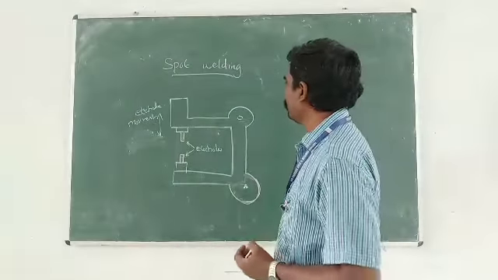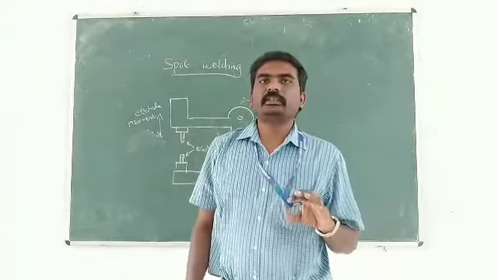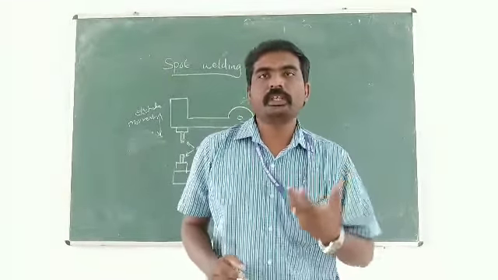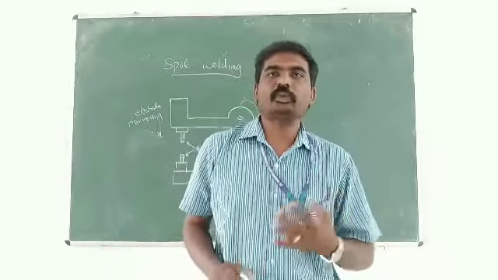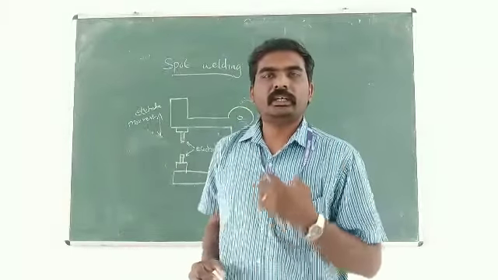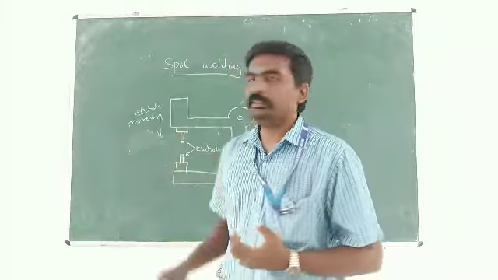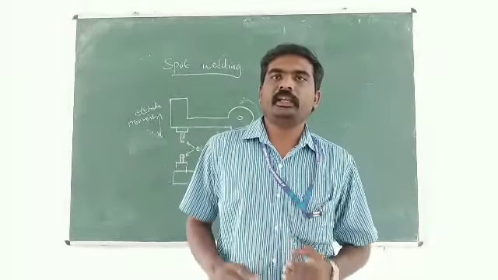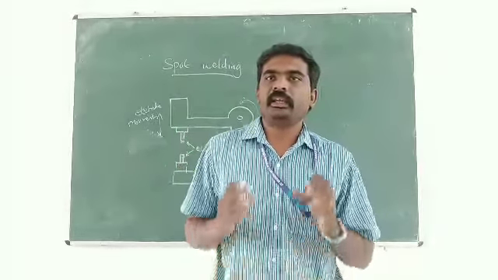You can see the electrode movement, that is, they come close like this. If we require a joining between two plates, we have to place the plates in between these electrodes and apply a high current to the electrodes.